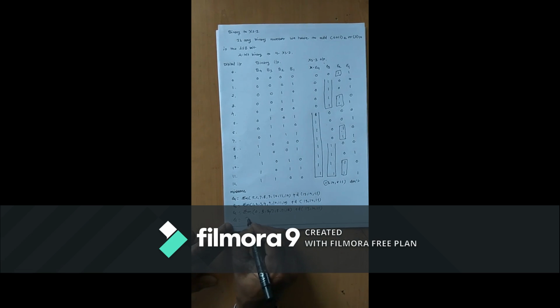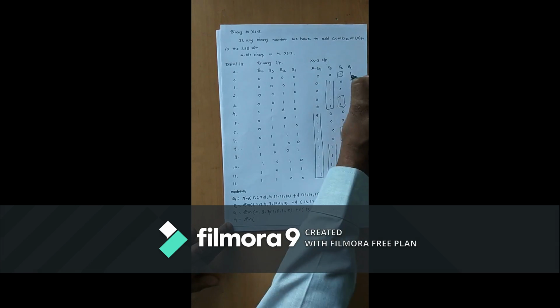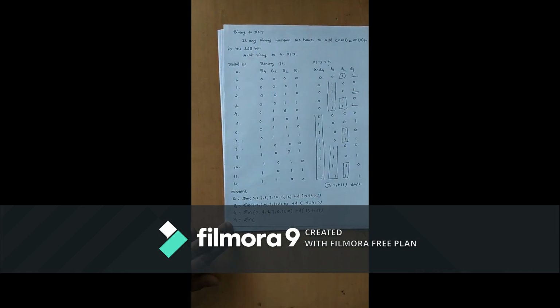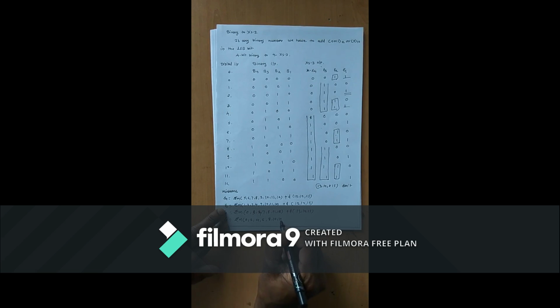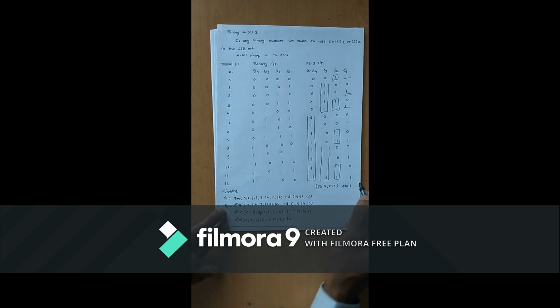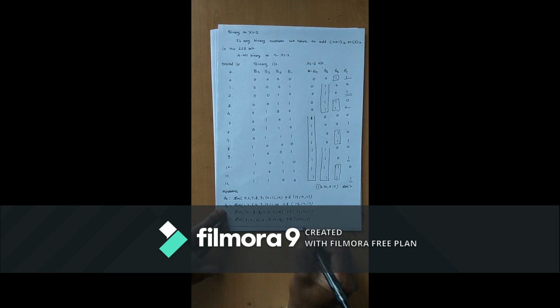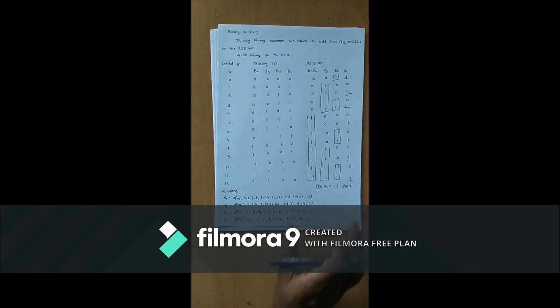Then E1 is equal to summation of m, and the values are 0, 2, 4, 6, 8, 10 and 12, plus don't care conditions 13, 14, 15. In this way we can find the minterms.